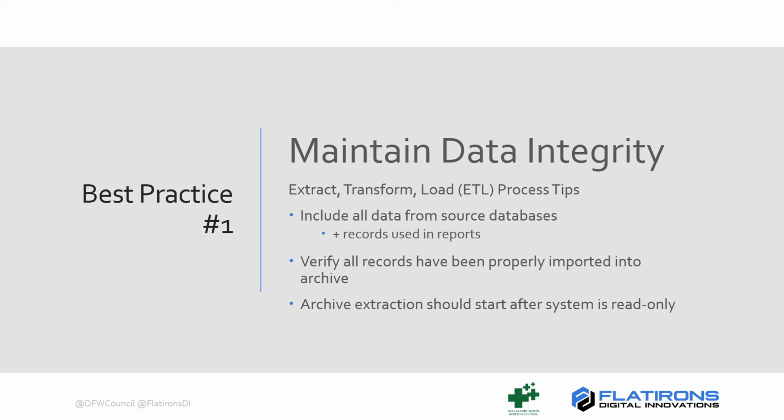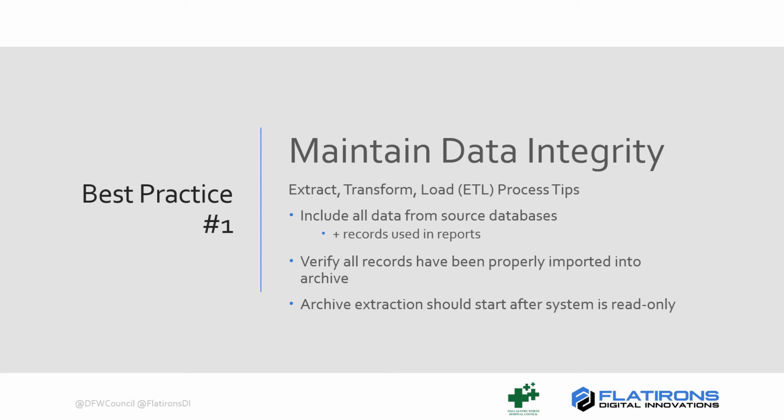So when we typically archive the data, we archive all the data from the source system. So if we're taking a system from a legacy database system, we'll pull all the tables and columns and pull all that out. Sometimes we'll pull it all out and maybe only build reports on some of the data, but at least we have all of the data in case we have a report that we need to build on other data as well.